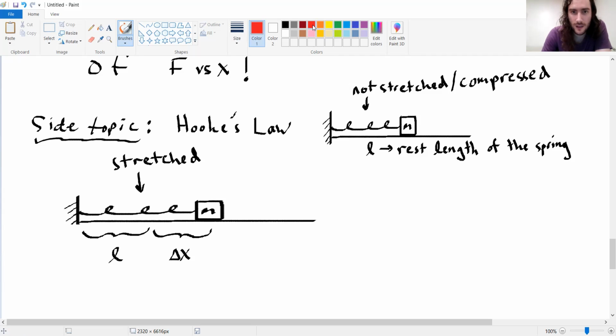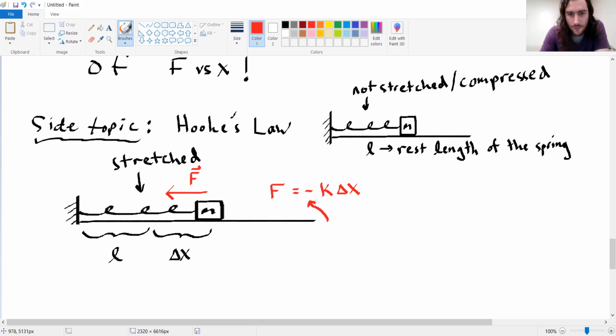So let's maybe use another color here. When the spring is stretched to the right, there's a force that restores the spring back to its equilibrium position, in other words, its resting length. And that force in magnitude is minus K times delta x.